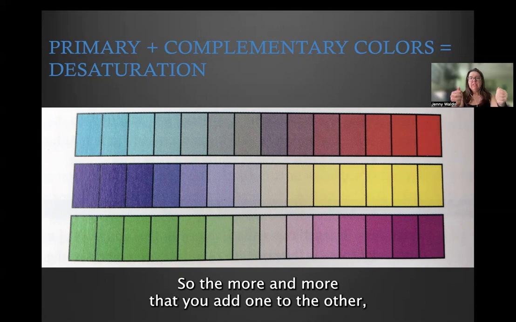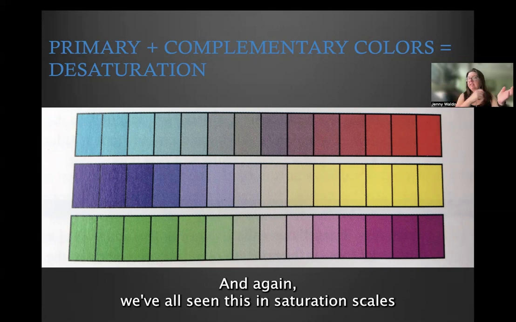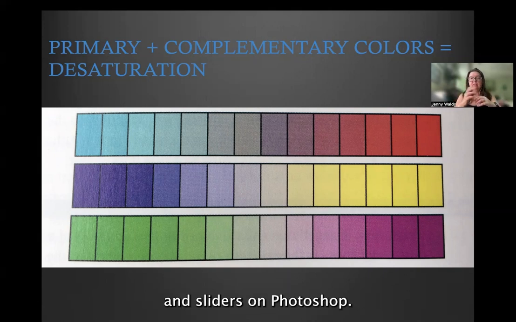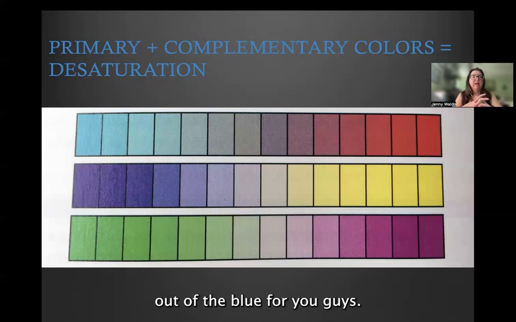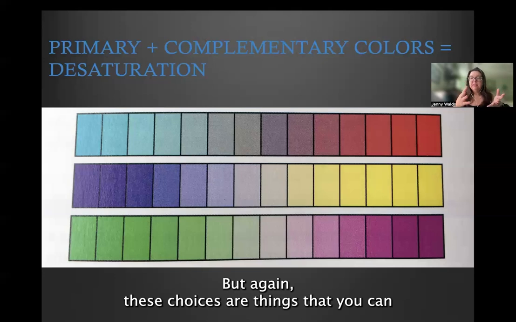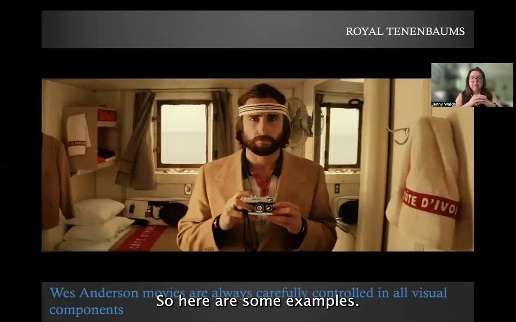So the more and more that you add one to the other, they create this middle gray phenomenon. And again, we've all seen this in saturation scales and sliders in Photoshop. So hopefully this isn't too out of the blue for you guys. But again, these choices are things that you can make for your character.